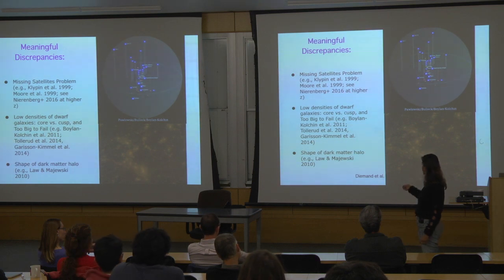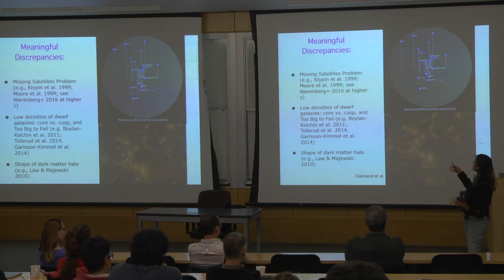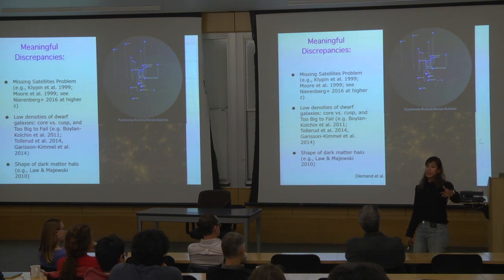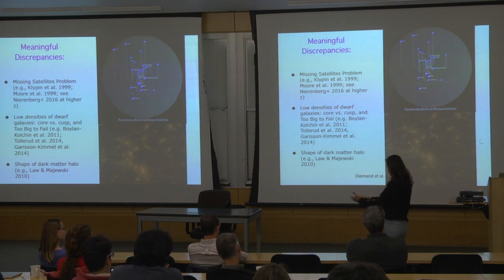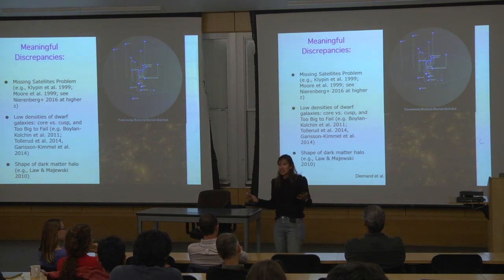Okay, and the reason that it's called too big to fail is that one of the proposed solutions to the missing satellites problem is that, for some reason, these dark matter halos have been unable to host galaxies, so they kind of lose a large percentage of their baryons and are just essentially dark.